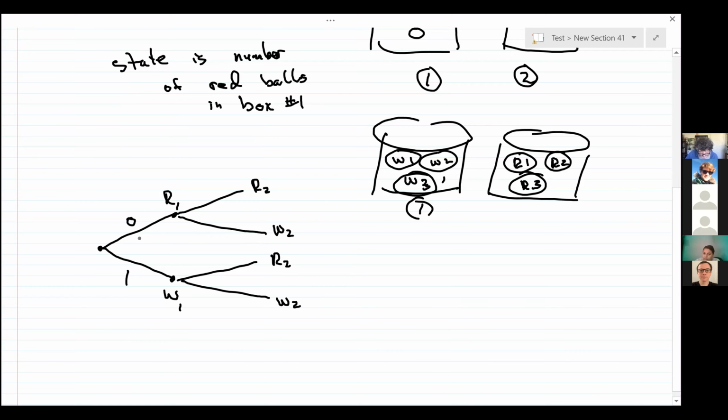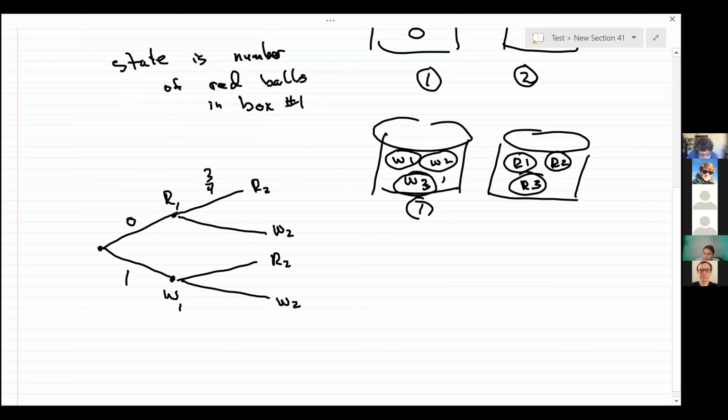Okay, if you have no red balls here, then you would have introduced a white ball into this container. And the chance of picking a red ball from that container would be 3 out of 4.